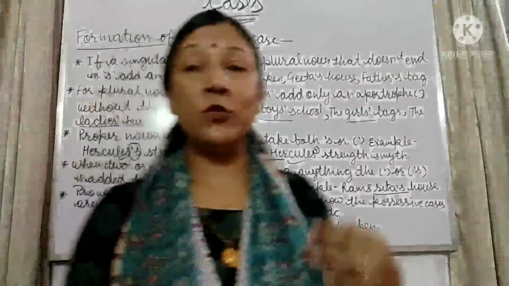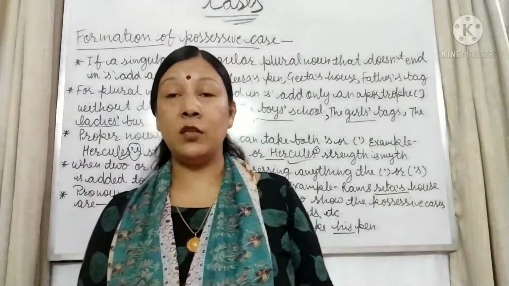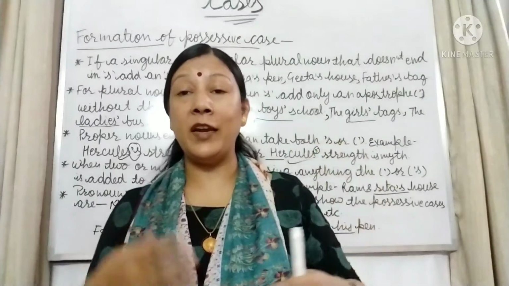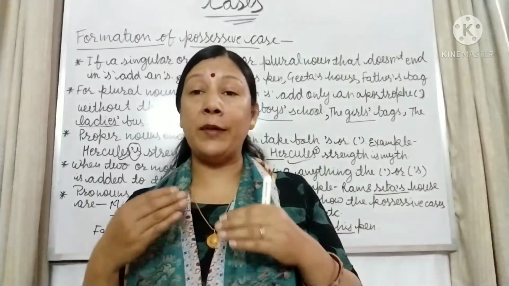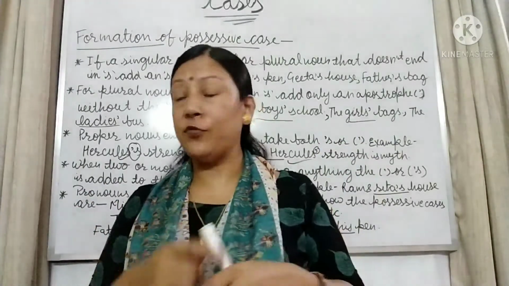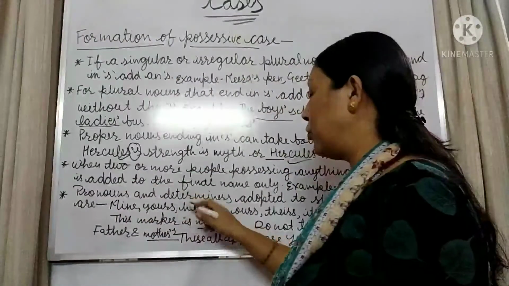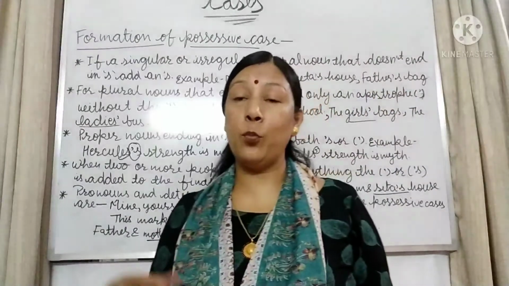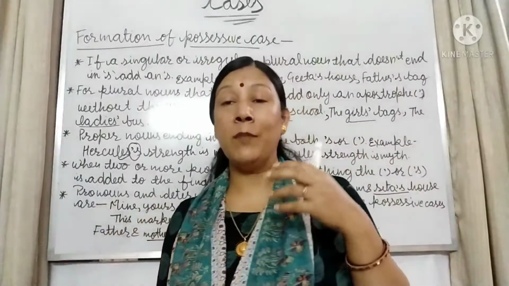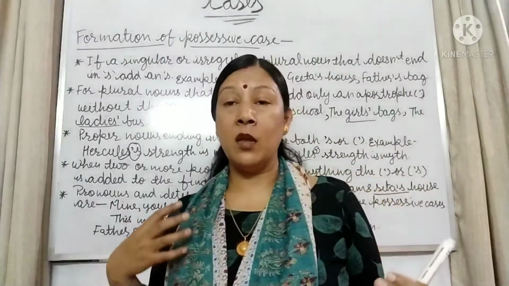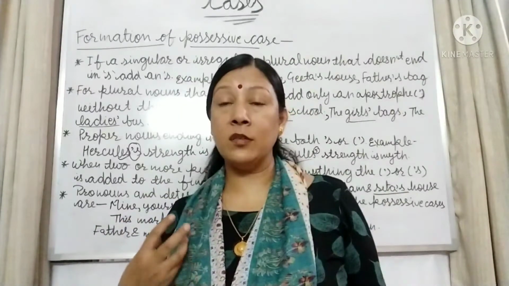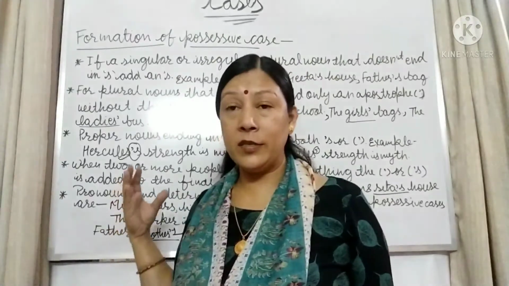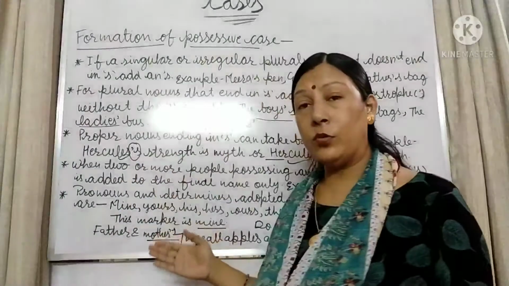Whenever there are many owners possessing something, we will add an apostrophe or apostrophe s with the last one. Let's say pronouns. I have earlier told you, whenever pronouns and determiners are in the possessive case, words like mine, yours, his, hers, theirs, ours, yours, its will be used. These are all the rules.